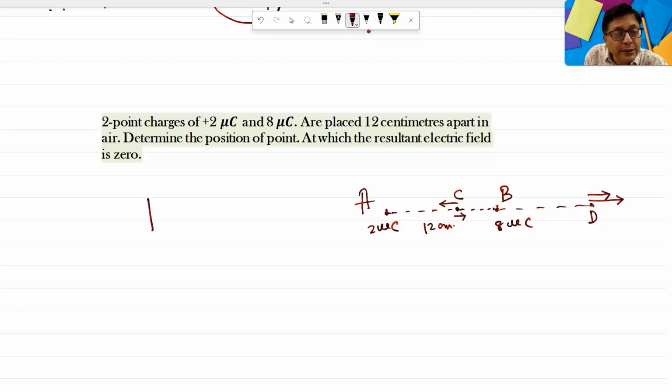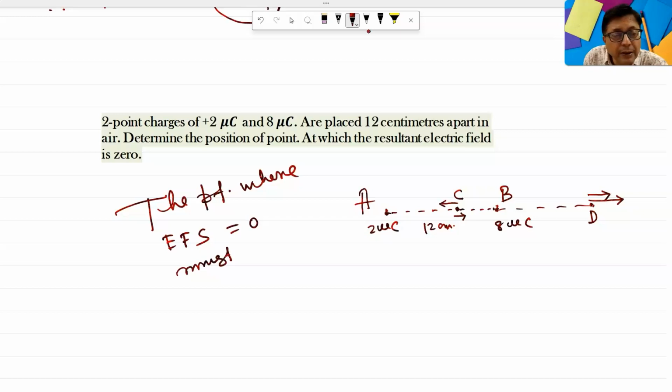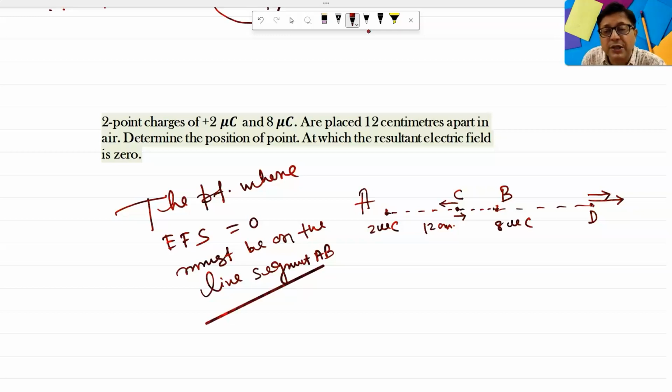So the point where the electric field strength equals 0 must be on the line segment AB. It can never be outside of it.